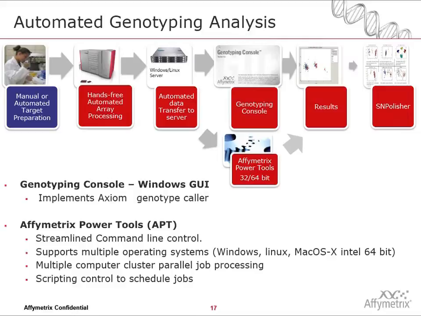So this SNP Polisher software, which I'll talk about a little more in the next slide, categorizes the results that have been discovered through either the algorithms that have been run in Affymetrix Power Tools or Genotyping Console. Both software use the same algorithm, so it's your choice. If you're interested in a high throughput mode, then you can use Affymetrix Power Tools. With the Windows-based software, you can analyze data a plate at a time.